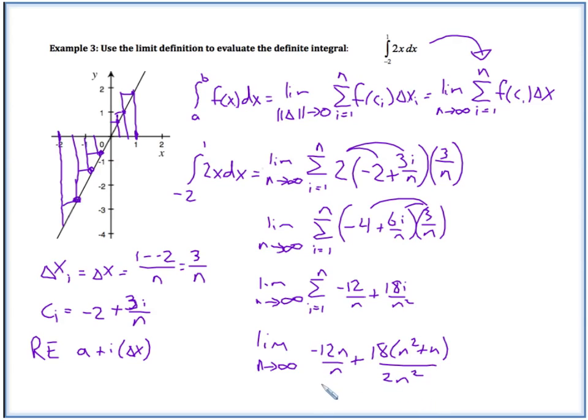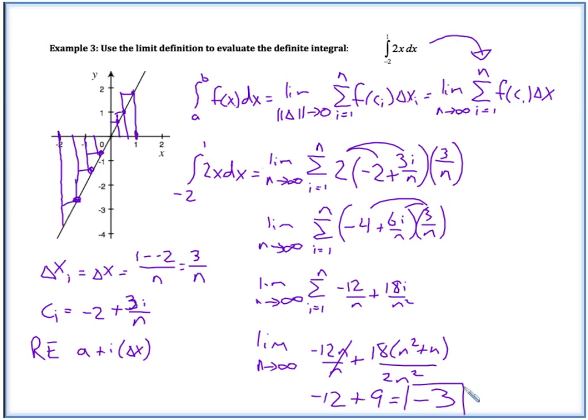And if we were to find this limit here, our n's would cancel, so this would become -12. And here, exponents are the same, so it's 18 over 2, so plus 9. And we get -3. Okay, so the definite integral from -2 to 1 of 2x dx equals -3.